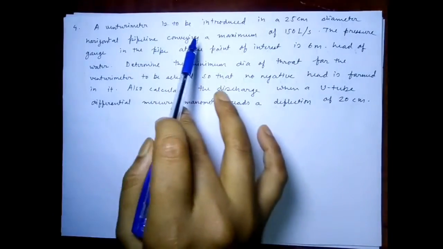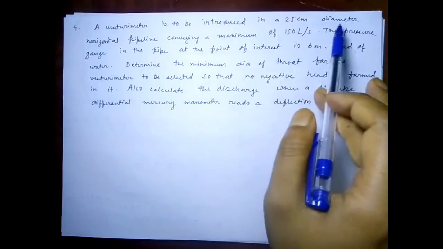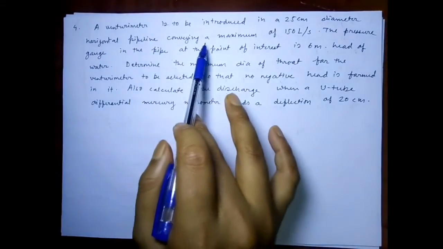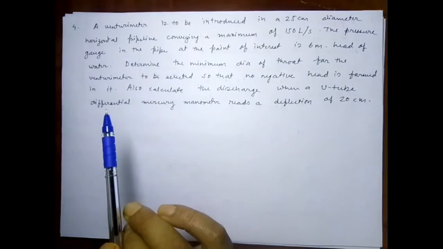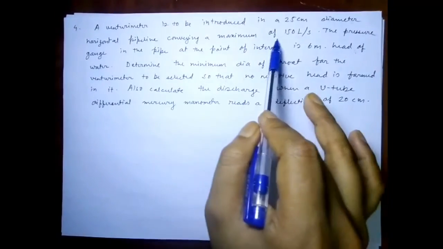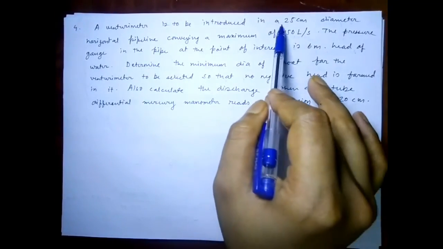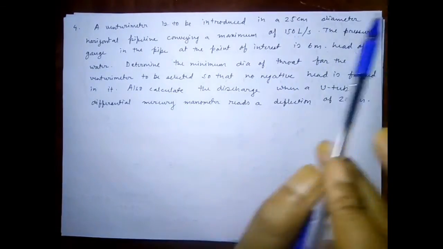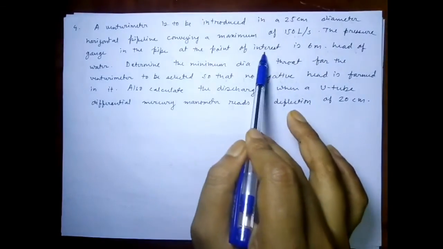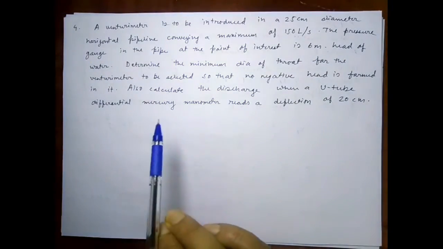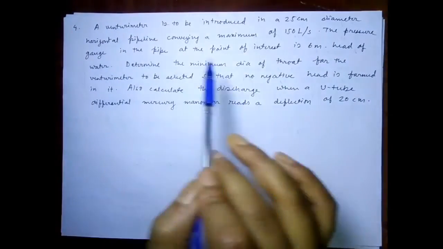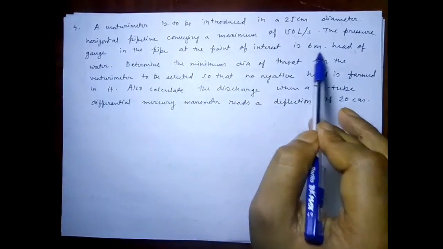Now, a venturimeter is to be introduced in a 25 cm diameter horizontal pipeline carrying a maximum of 150 liter per second. So it is a venturimeter problem. Discharge is given for the pipe and the diameter of the pipe is also given. The pressure gauge in the pipe at the point of interest is 6 meter head of water. So the pressure gauge reading in terms of head of water is also given.